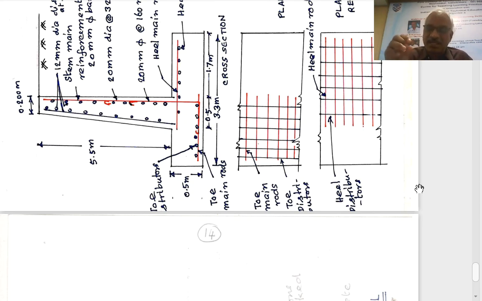Other cases, such as backfill at an angle, surcharge, and backfill carrying traffic load, I will discuss in a future lecture. What are the additional points to be done, I will discuss in the future lectures. So with this, let me complete the design of a cantilever retaining wall with horizontal backfill. Right. So thank you for your patience. Thank you.